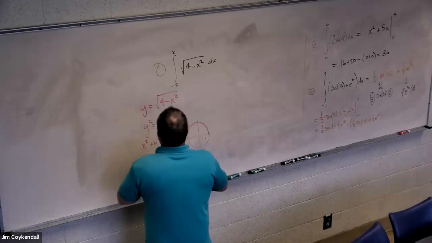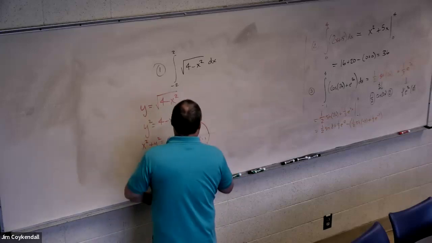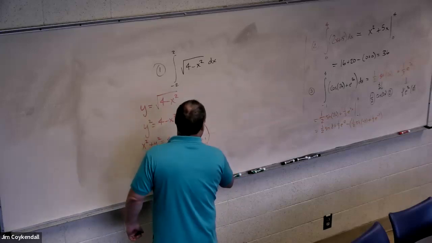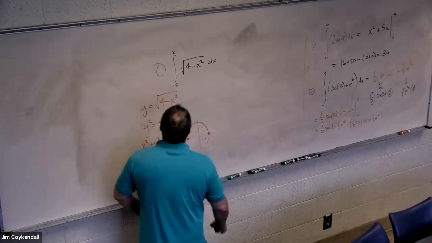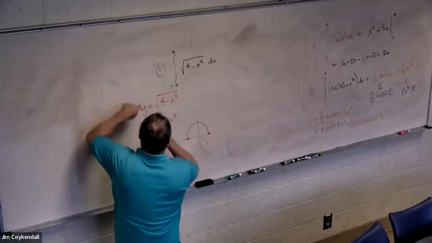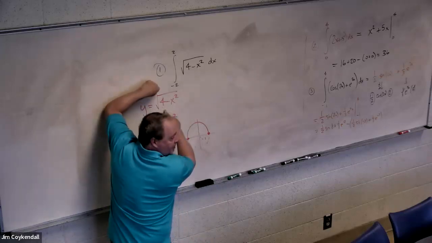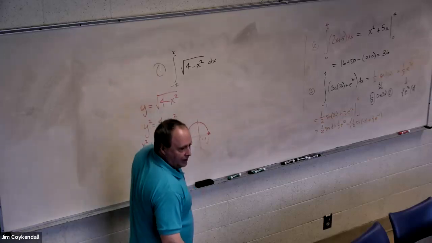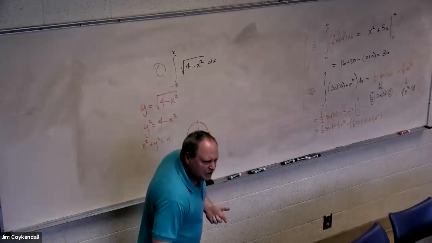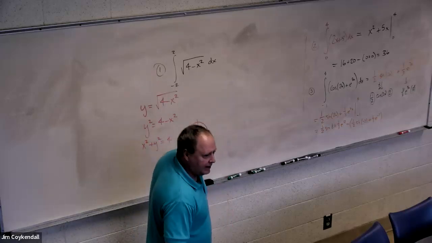And actually, this thing right here is the upper half. Because the equation is speaking to me, it says, hey, look, Jim, my y coordinate is positive. Right? And so it's just the upper half of the circle. The whole circle is not even a function, right? It fails the vertical line test.